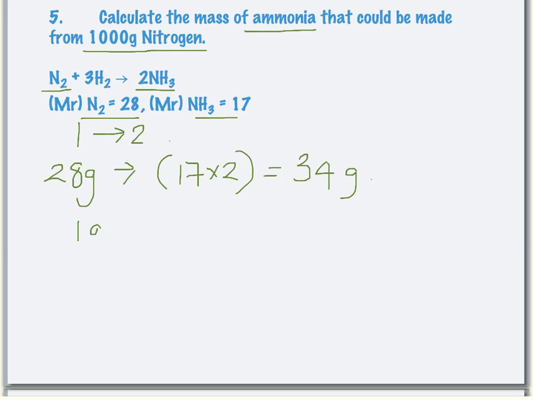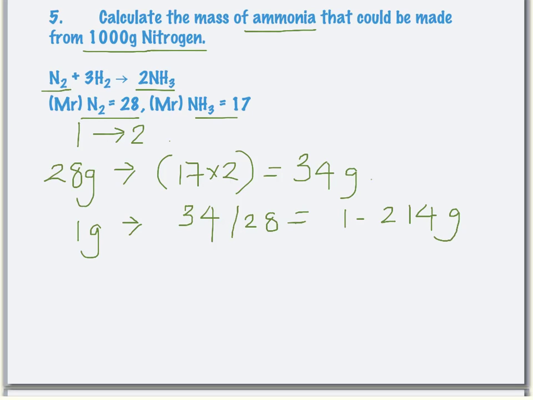So 1 gram will make 34 over 28, which will work out at 1.214 grams.